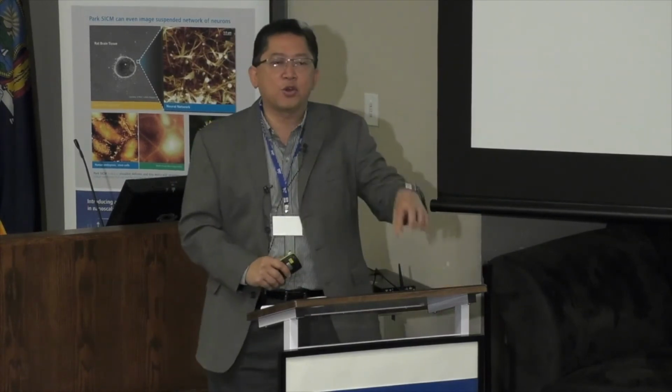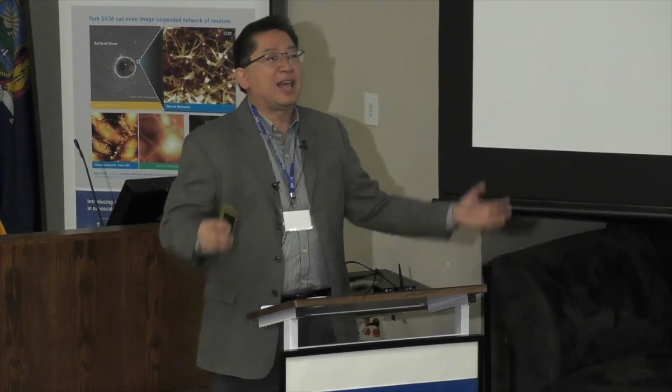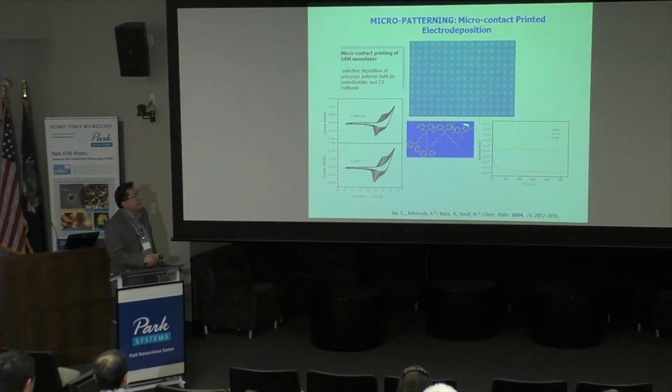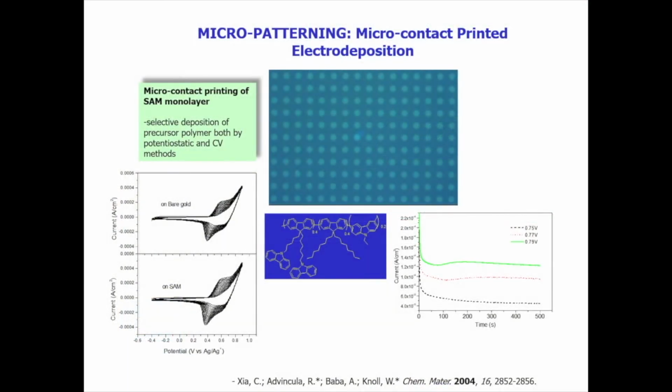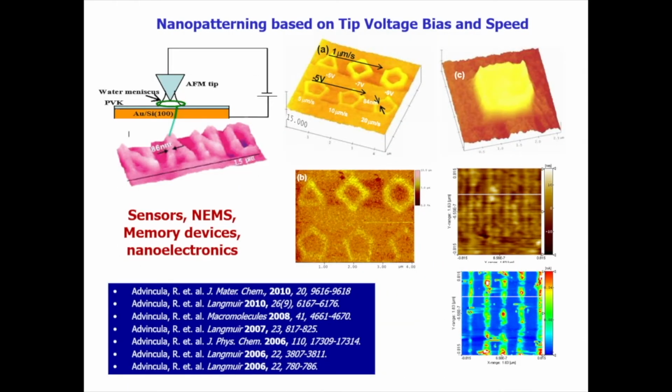We can make micro dots, and then we can electrodeposit, let's say, a polymer like this. This is considered like a micro LED, a blue LED. So if you can do micro, you can do nano. In this case we use an AFM, basically a current-sensing or conducting AFM, and you have a substrate which is also conducting.